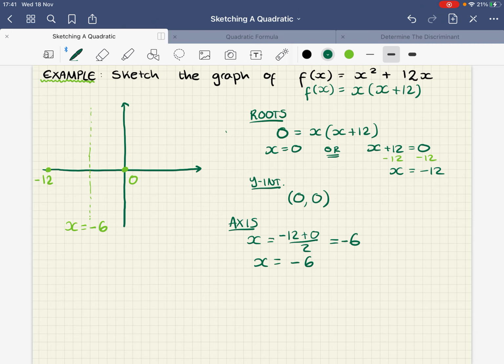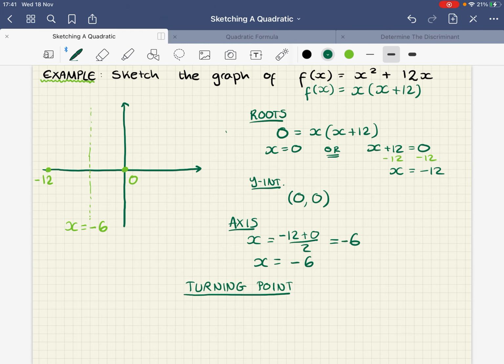And then finding out my turning point, using my value of x equals negative 6, I'm going to put that in my equation. Now, I can put it in the unfactorized form or the factorized form. It doesn't matter which.